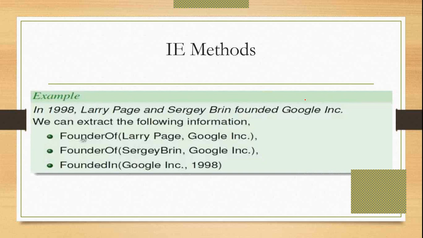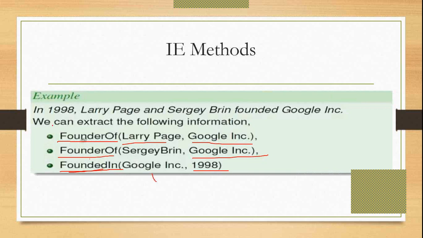When you extract the information, you can find that the founder of Google Inc. is Larry Page, and the founder of Google Inc. is Sergey Brin, and it was founded in 1998. If you get this information in a structured format, you get Larry Page as a founder, so this is like a function or method.